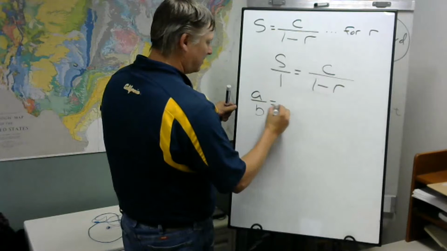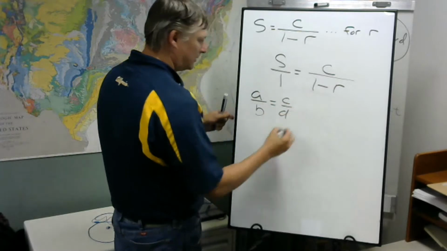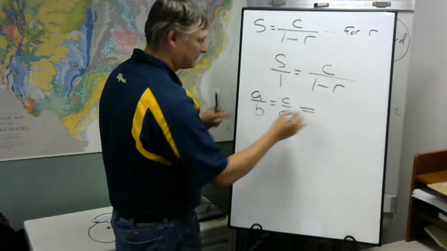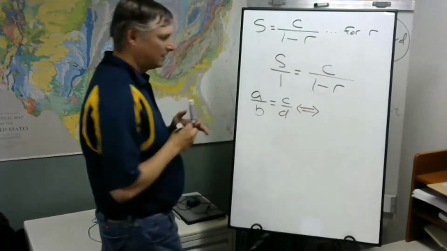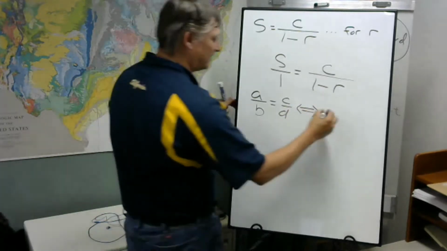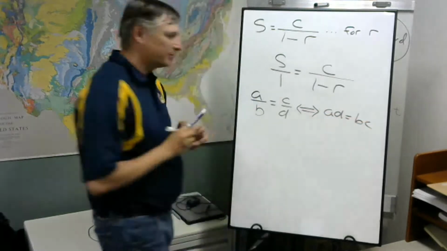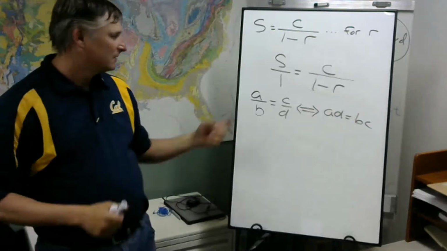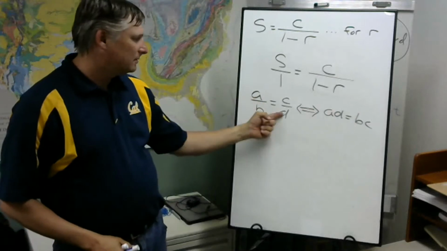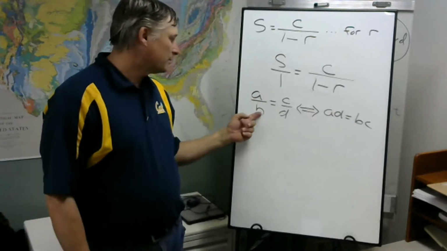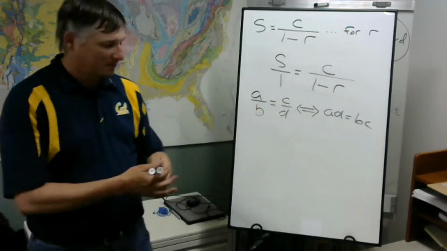If we have A over B equals C over D, this is the same as saying A times D equals B times C. Multiply these two, set that equal to the product of these two.